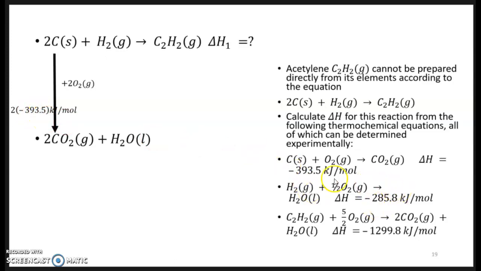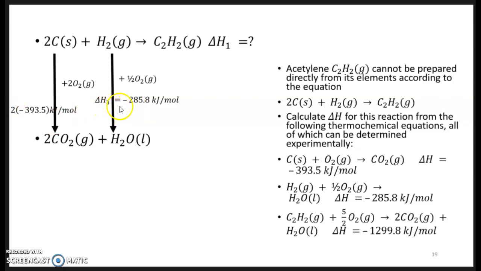In a similar way, we are also given H2 going to H2O liquid. So for that reaction, it's H2 plus half O2, which is the same thing as what we have here. So it doesn't really matter. So that one should be delta H2. It's hidden somewhere.